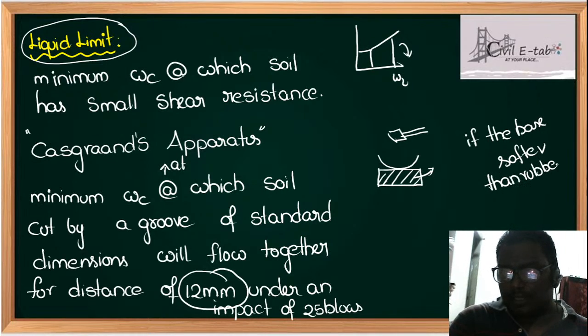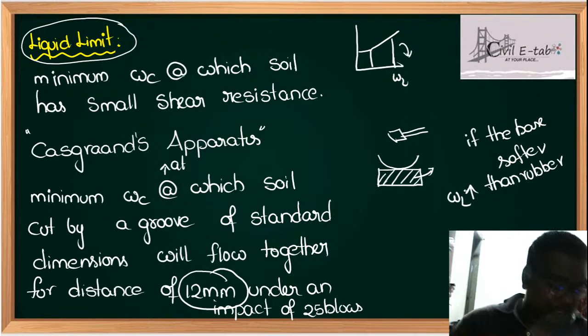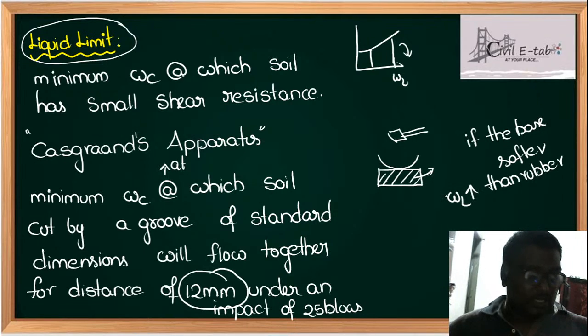That is very important, student. If the base is softer than rubber, liquid limit increases. Why does liquid limit increase, students? You have to be very clear. Because if the base is softer than rubber, you will require more number of blows. When more number of blows are needed, then obviously the liquid limit will increase.